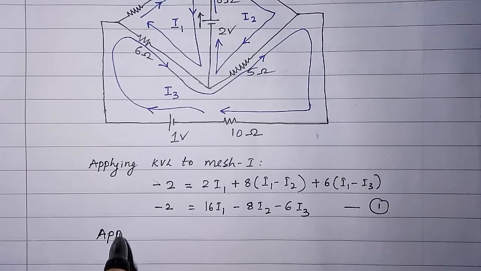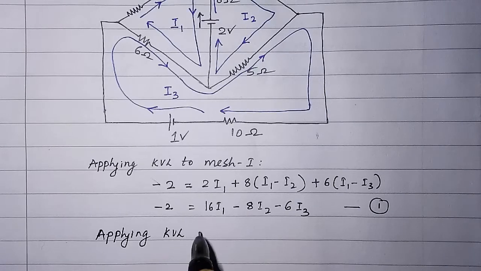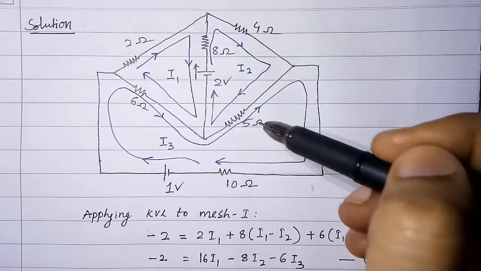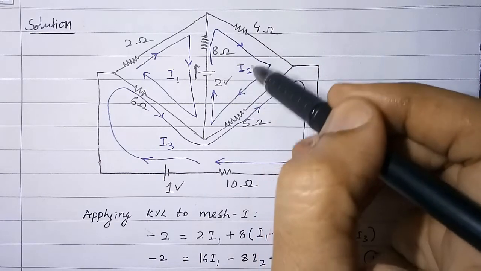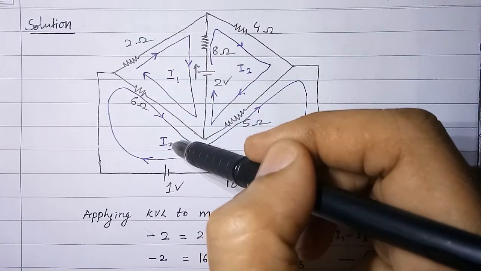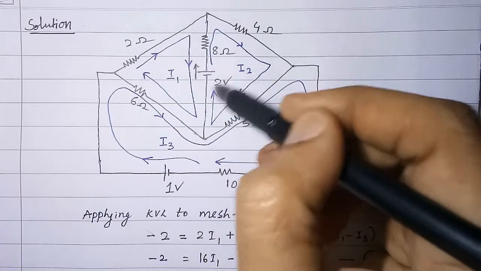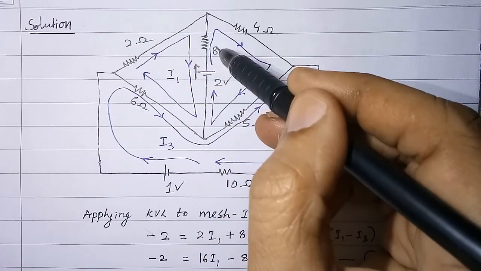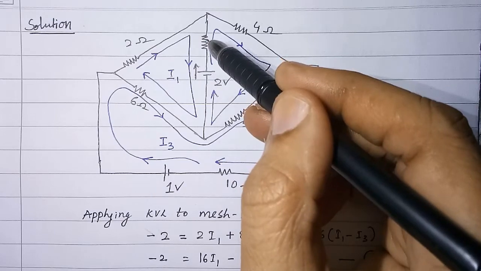Next we will apply KVL to mesh 2. While applying KVL to mesh 2, I will take I2 as positive, I1 as negative and I3 as negative. Through 2 volt source, I2 is flowing upward, voltage rise is also upward.